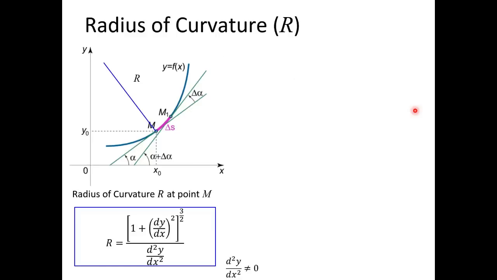Whatever the case, there is a mathematical relationship to find the radius of curvature of any differentiable curve. If the curve is differentiable, so that d²y over dx² exists and is not zero, then we can represent the radius of curvature, if you know the equation of the curve, just like this.